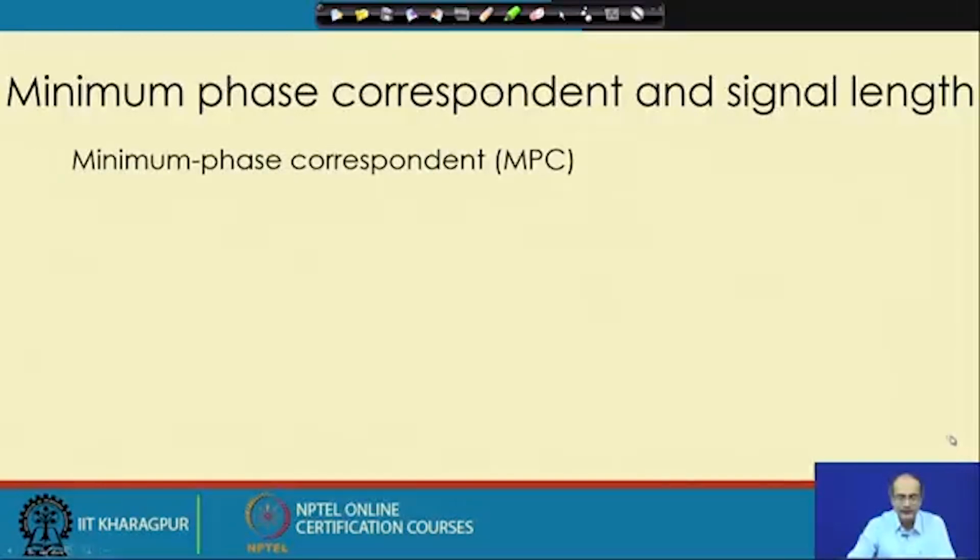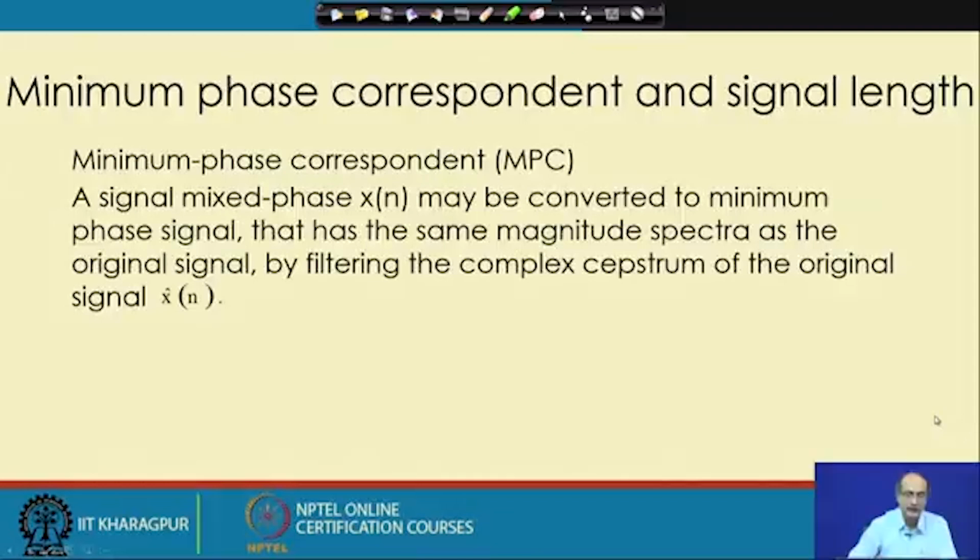Now, let us look at the minimum phase component. A signal that is mixed phase may be converted to the minimum phase signal that has the same magnitude spectra as the original signal by filtering the complex spectrum of the original signal x hat n.